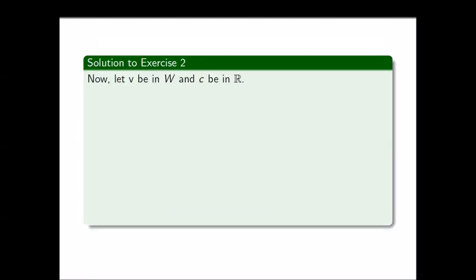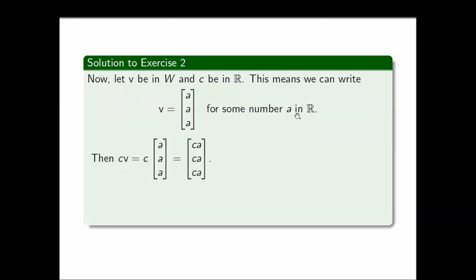Now, in a similar fashion, we're going to prove closure under scalar multiplication. So we're going to start with the vector V in W and a scalar C in R. That tells us that V is equal to A, A, A for some A in R. We multiply the scalar C to this vector V, and we just get a vector with entries CA.